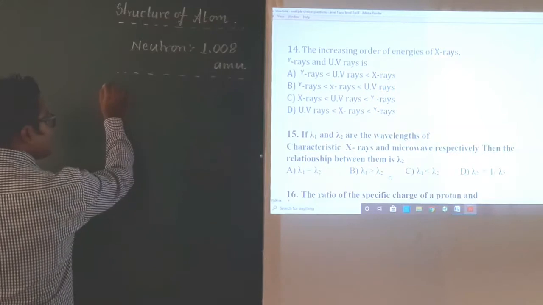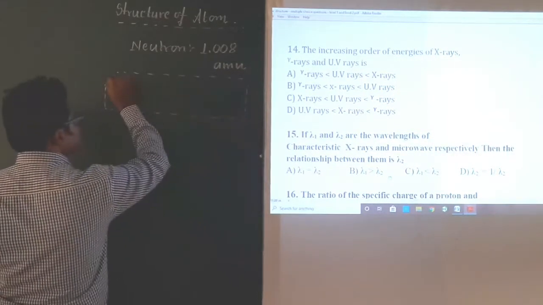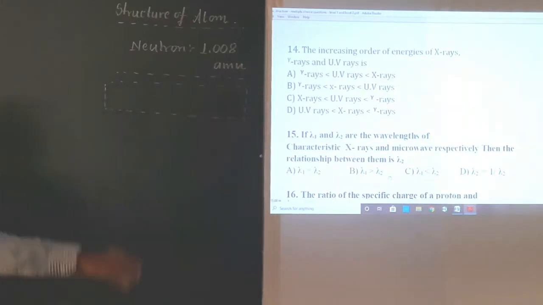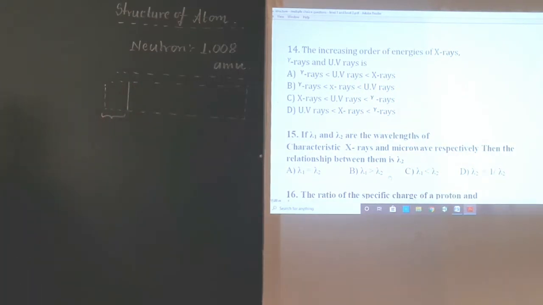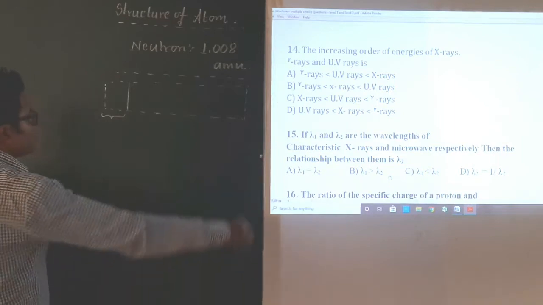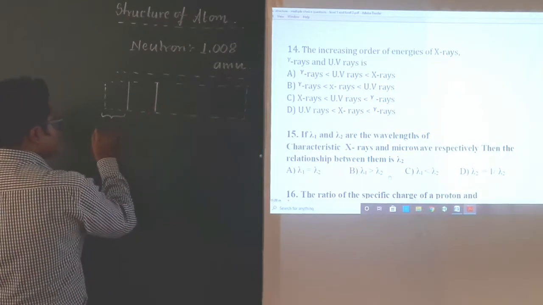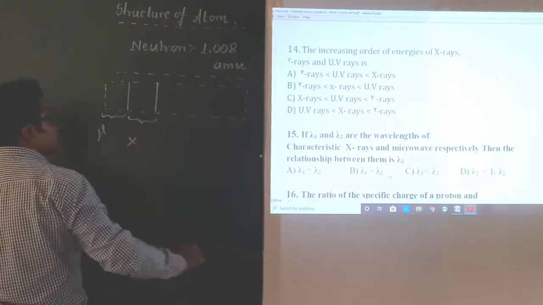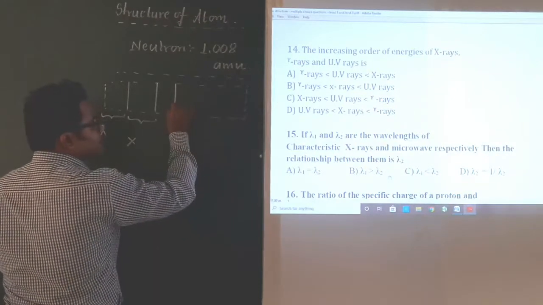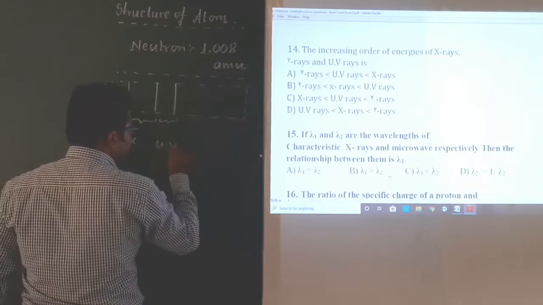When we take a look at the entire spectrum of all the radiations, what you observe is that the first in the sequence is the gamma rays, followed by the X-rays. Next one is the UV rays.